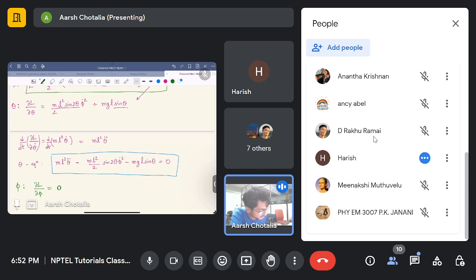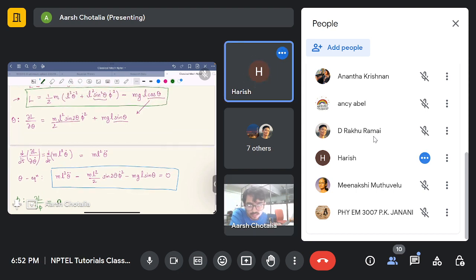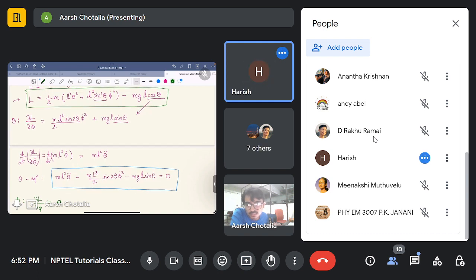You know why it's called cyclic? Because it has no direct dependence on phi, and the momentum with respect to phi dot is conserved. No, I'm not asking why it is cyclic.